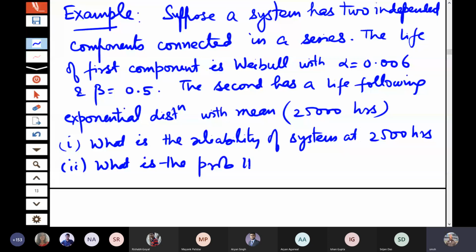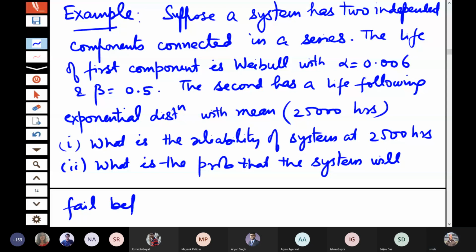What is the probability that the system will fail before say 2000 hours?